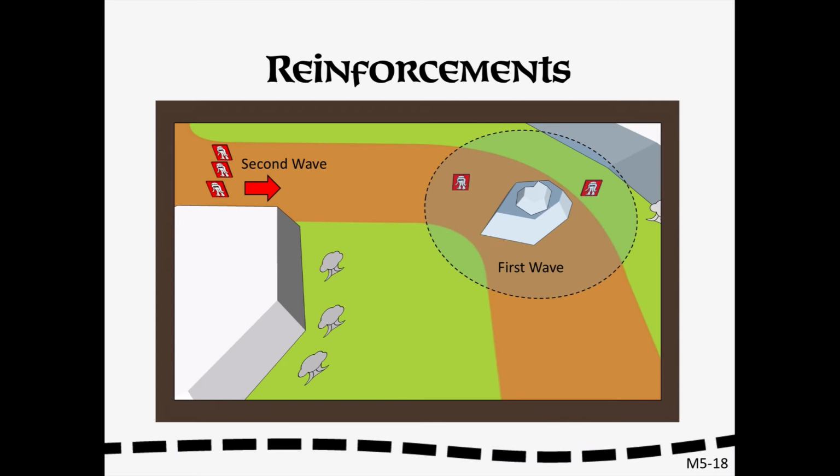A common level design technique is to gradually introduce more bad guys as the battle continues. This is usually accomplished by spawning more enemies under specific conditions. For example, maybe we could introduce more bad guys after a set number of the first group are defeated. Or, if we wanted to make the encounter more perilous, we could have the reinforcements spawn after a set amount of time had elapsed.